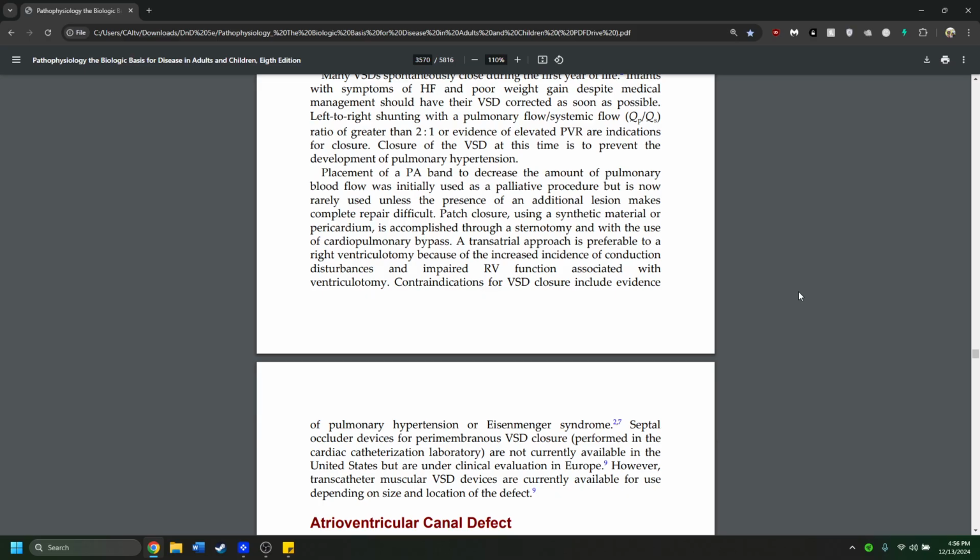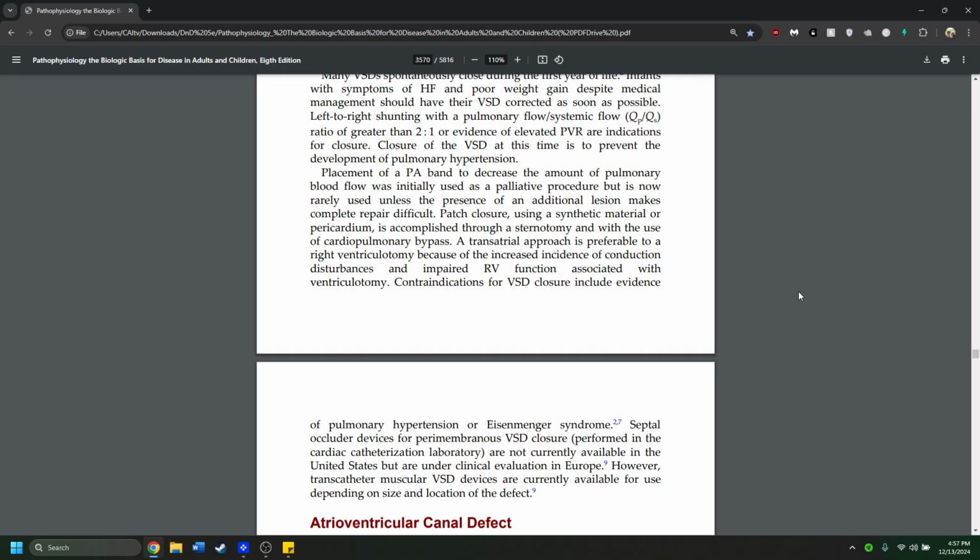Patch closure using a synthetic material or pericardium is accomplished through a sternotomy and with the use of cardiopulmonary bypass. A transatrial approach is preferred to a right ventriculotomy because of the increased incidence of conduction disturbances and impaired right ventricular function associated with ventriculotomy.